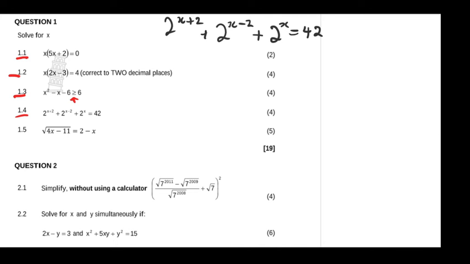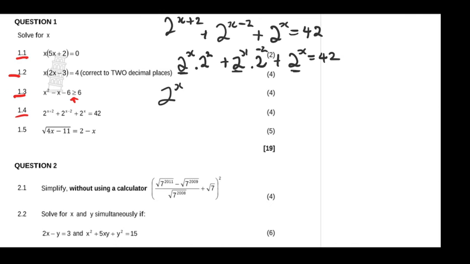So what we can do is simplify this and say 2 to the power of x multiplied by 2 to the power of 2, plus 2 to the power of x multiplied by 2 to the power of minus 2, plus 2 to the power of x equals 42. What's common is 2 to the power of x, right? 2 to the power of x is common throughout, so we're going to factor it out. So it's 2 to the power of x into 2 to the power of 2 plus 2 to the power of minus 2 plus 1, right? Equals 42. Punch this in your calculator, and you're going to get something like this.